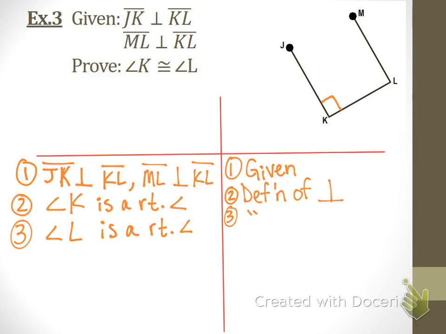So for 3, I'm just going to use the little quotes because it's the same reason as number 2. Okay, and we can also mark that other right angle in the diagram. Now, if we know they're both right angles, what do you think we're ready for? The proof part. We can already say that angle K is congruent to angle L.